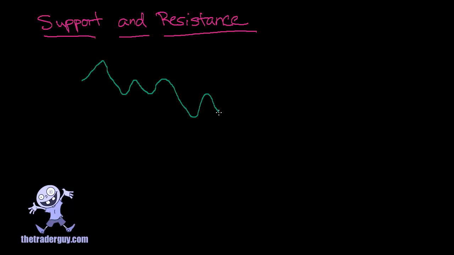And I'm trying to draw this freehand just to give you a basic idea. But in this particular chart, we have a downtrend. So we know over time that price is depreciating. But notice how on this little fake chart that I drew up here, we have areas where price had reacted.